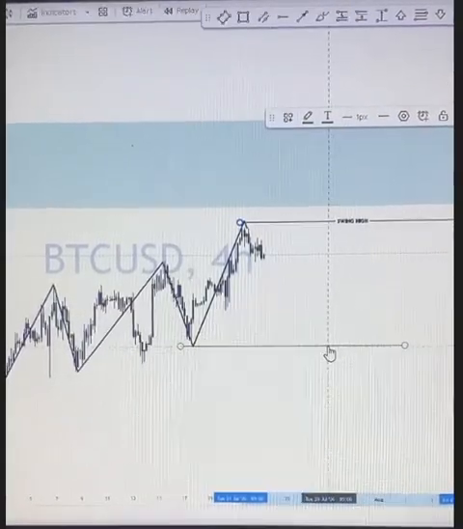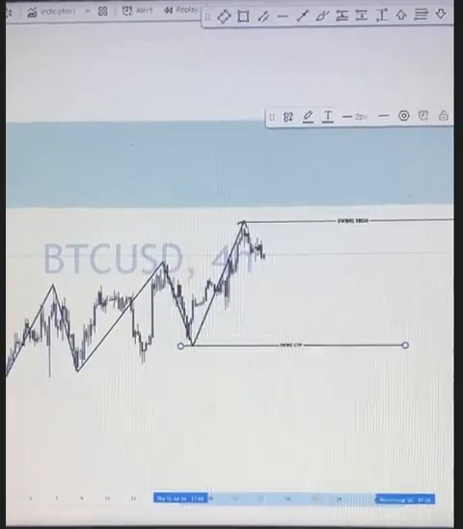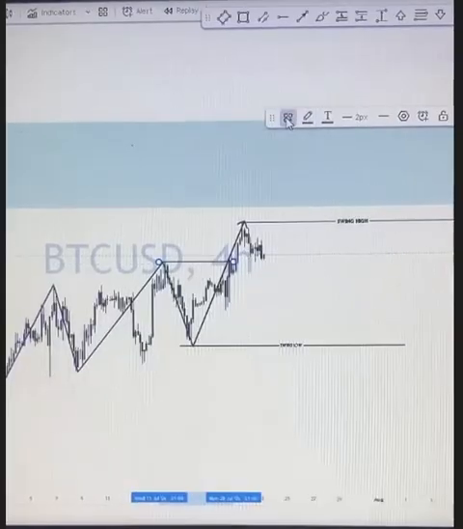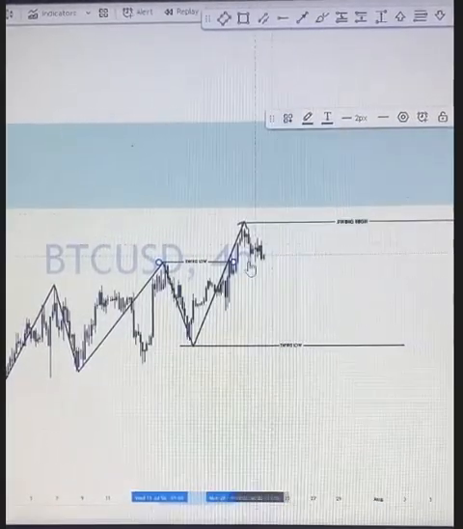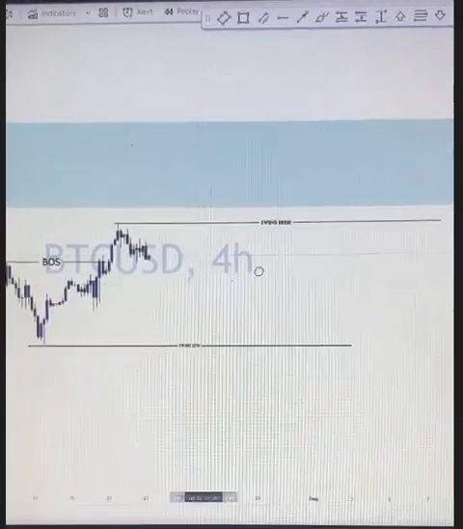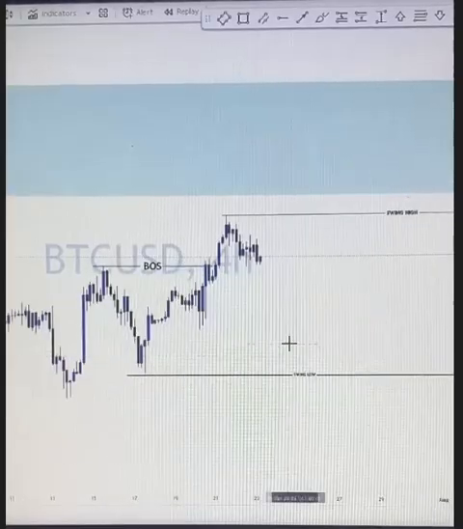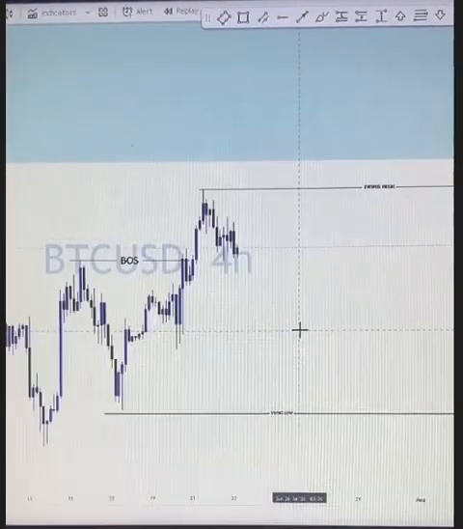So this is swing high. This is swing low. And this right here is our breakout. Are you seeing it? Good. So the next thing we do is identify our key level. Now, is 4 hour bearish or bullish?